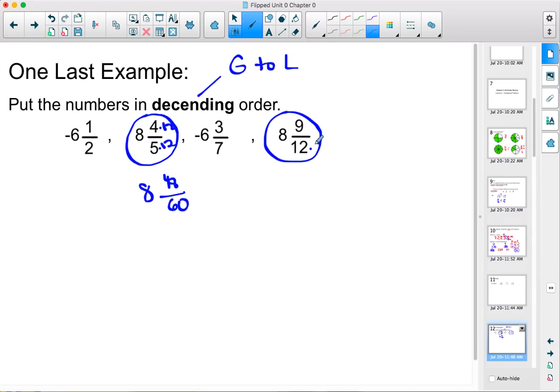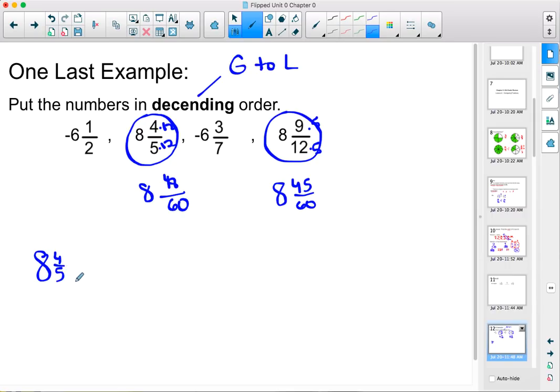Over here, I'm going to multiply 12 times 5 and 9 times 5 to make my fraction equivalent. That gets me 8 and 45/60ths. I can see that 48 is greater than 45, so my biggest fraction up there is 8 and 4/5.